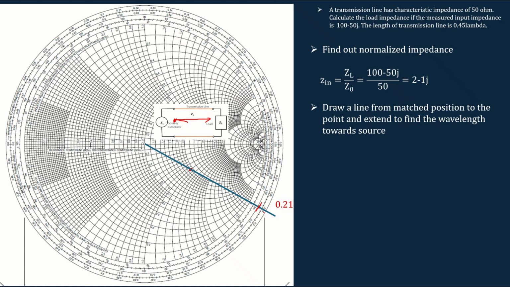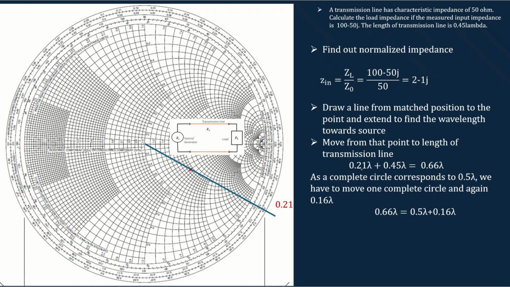What I can do is add 0.45 to this 0.21 and trace the value along the Smith chart to find that point. So I have to add the length of the transmission line to 0.21. So I added 0.21 and 0.45, and I got 0.66 lambda.